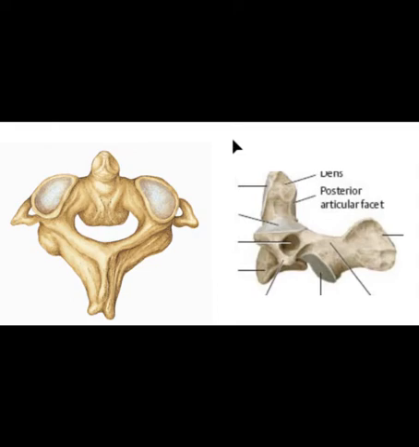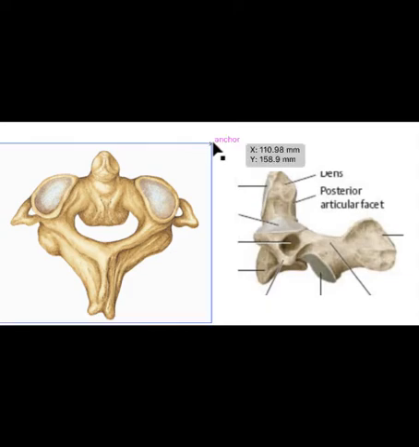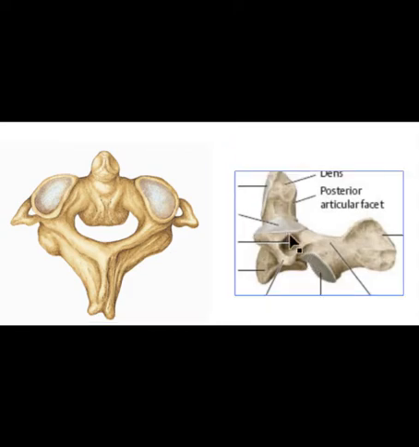Another important thing is to understand the difference between the pars interarticularis of C2 and the pedicle of C2. As we said earlier, the pars interarticularis, as the name itself suggests, is between the superior and inferior articular process. But this is not the pedicle.